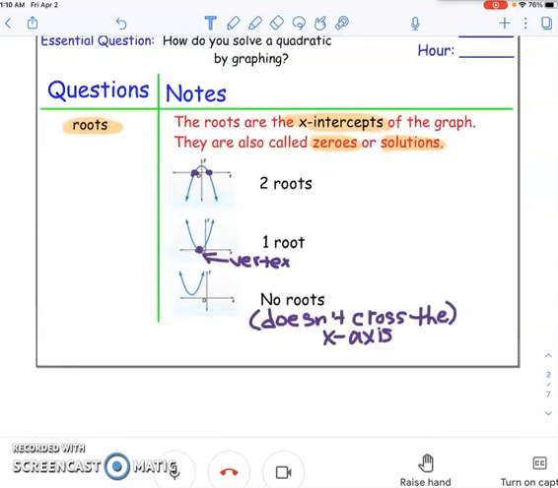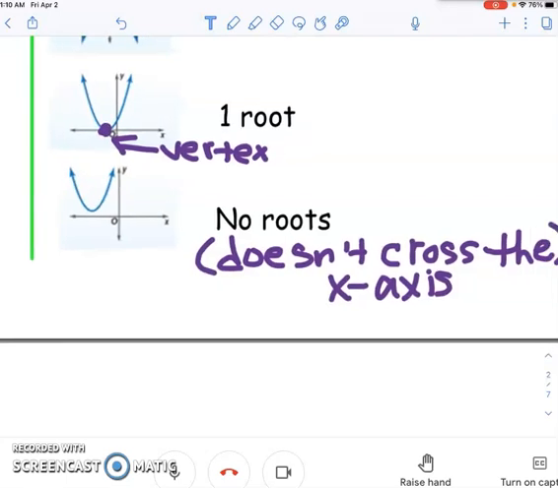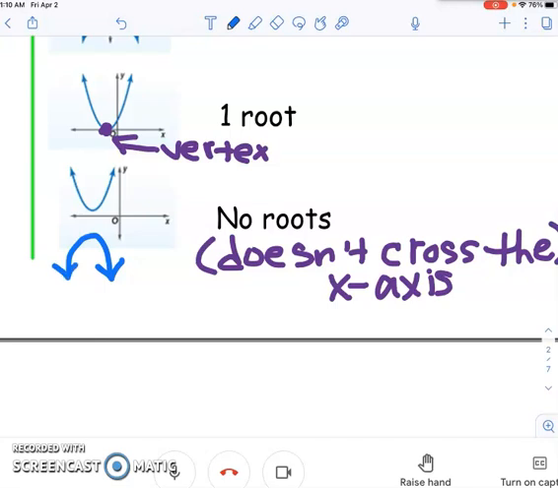We didn't have an example like that, but that is possible. When you draw your graph, it is entirely possible that it might be completely above the x-axis, or it might be down here where it's completely below, going down. Okay? That's all for our lesson today.